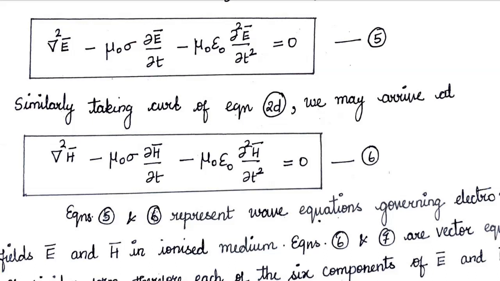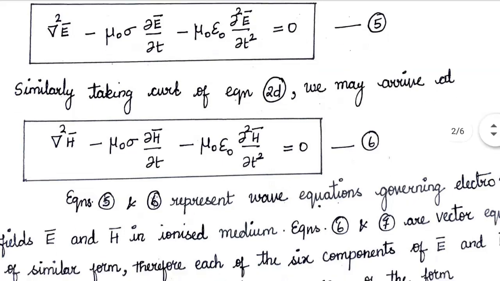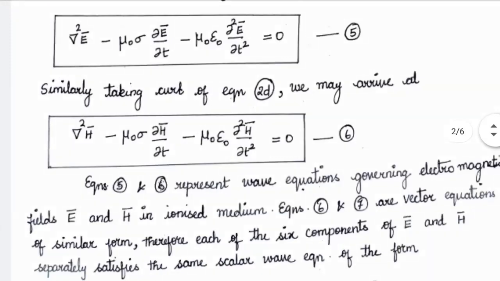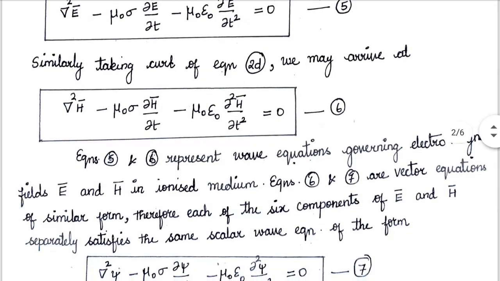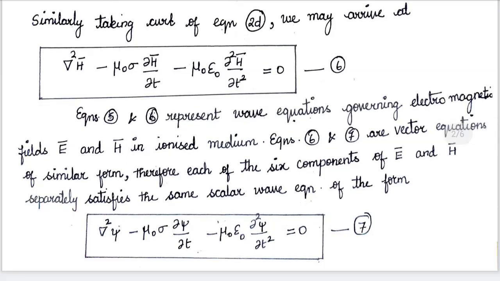So we can see equations 5 and 6 are identical in terms of E and H, and they represent wave equations governing the electromagnetic fields E vector and H vector in an ionized medium.